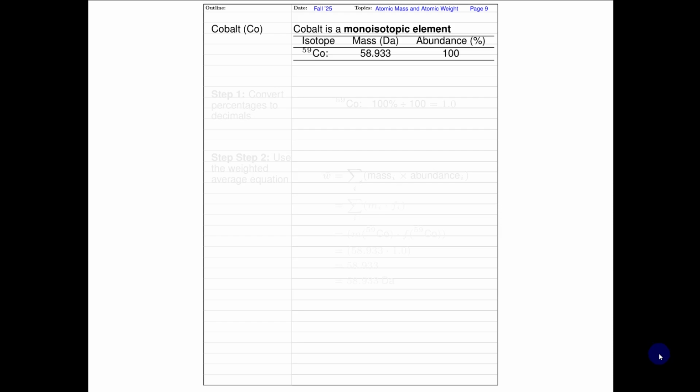Quickly, I want to go through two kind of unusual examples that maybe you won't see in a homework problem or on an exam, but still they're worth looking at. Cobalt is a monoisotopic element, meaning it only has one isotope. And so if we calculate the atomic weight of cobalt, we can go through the same steps, but because it's the only isotope, we're going to wind up with the atomic weight being equal to the atomic mass.